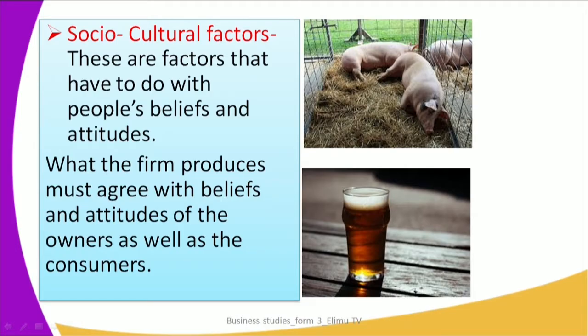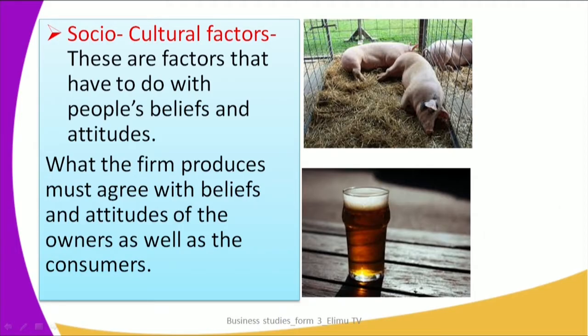For example, there are some goods that you cannot produce and expect some communities to be the customers. A good example is pork, and this is the pig's meat. You cannot put up a butchery in a place like Somalia, because the community in Somalia is the Somali community, and you know that their beliefs do not allow them to take pork meat.